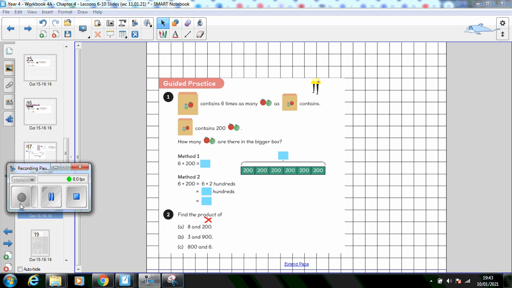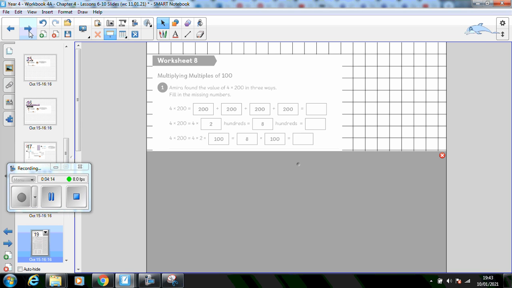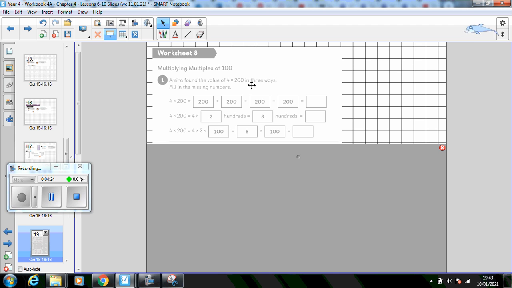Okay, now we're moving on to worksheet 8. It says Amira found the value of 4 times 200 in 3 ways. Fill in the missing numbers. Okay, so here we've got repeat addition.